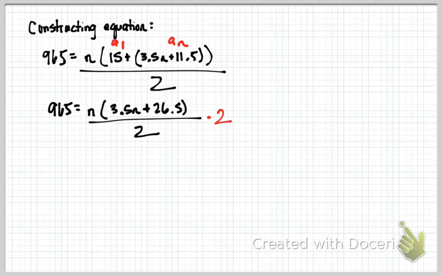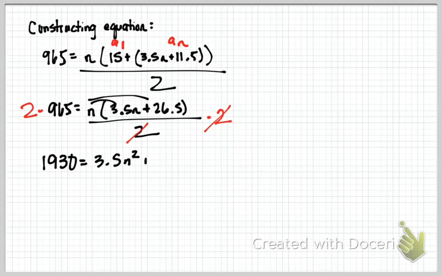Multiply by 2. Gone. Grab your calculators for that. We get, shoot, what is that? 1930? Now distribute the n through: 3.5 n squared plus 26.5 n.